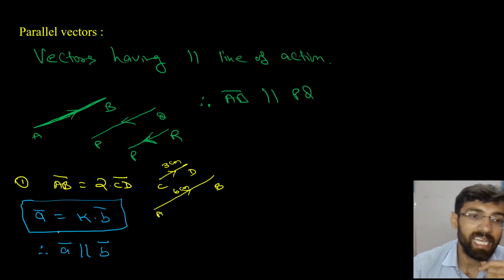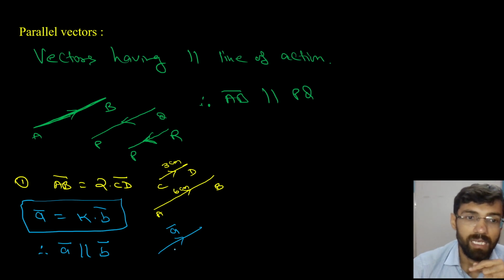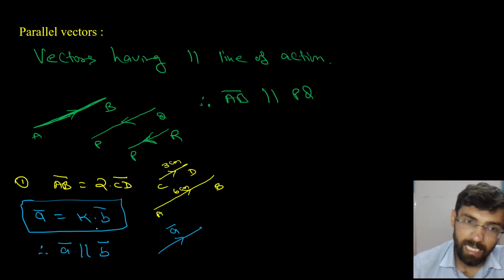Here I am representing just with a single letter A vector, meaning I am not mentioning the starting and ending point. You can represent it this way also. First note point was this: whenever I have A vector equals K times B vector, it clearly means that both vectors are parallel.